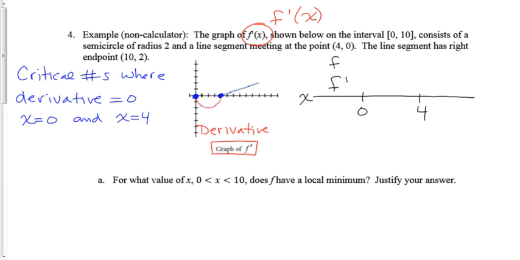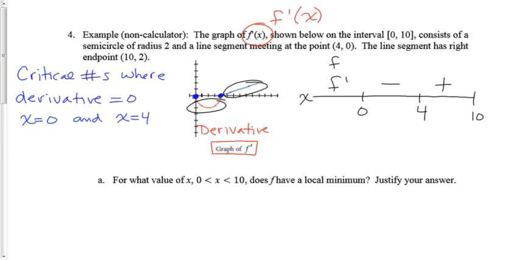After x is 0, which would be the red portion of the graph, my derivative is below the x-axis, which means my derivative is negative. So my derivative is negative between 0 and 4. However, after x is 4, my derivative is above the x-axis, which means my derivative is positive.